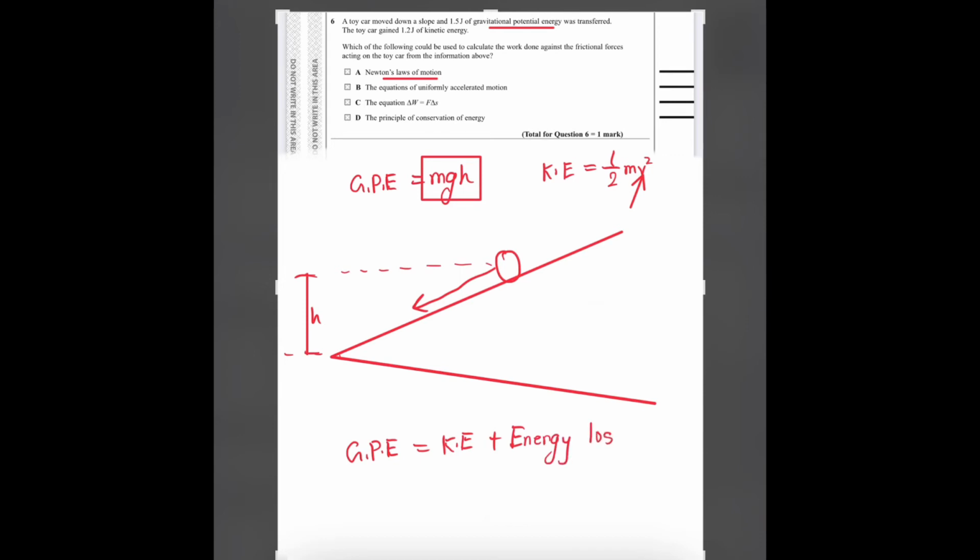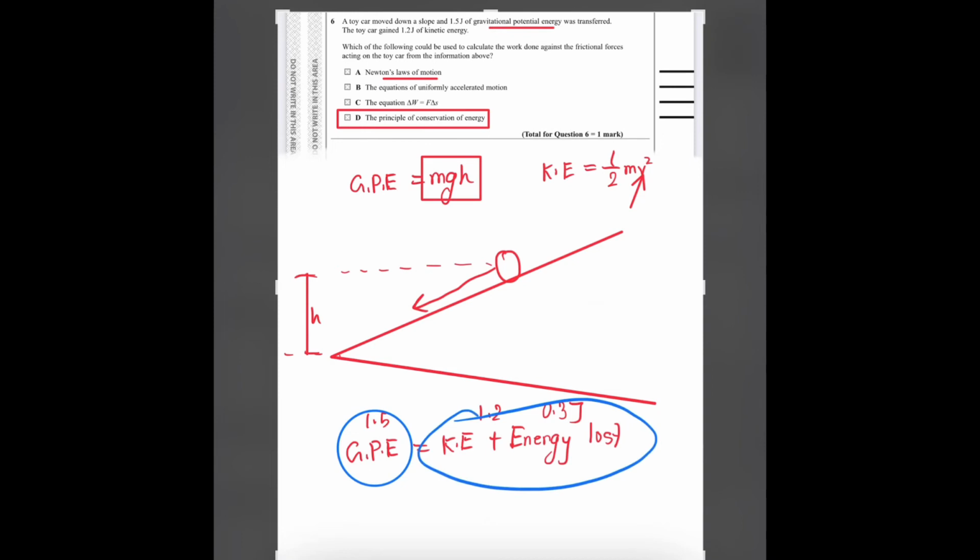So if we have 1.5 here and 1.2 here, the energy lost would be 0.3 joules. So this is correct. We can use the principle of conservation of energy, which states that energy can neither be created nor destroyed. It can only be converted from one form to another. So the answer to this question is D.